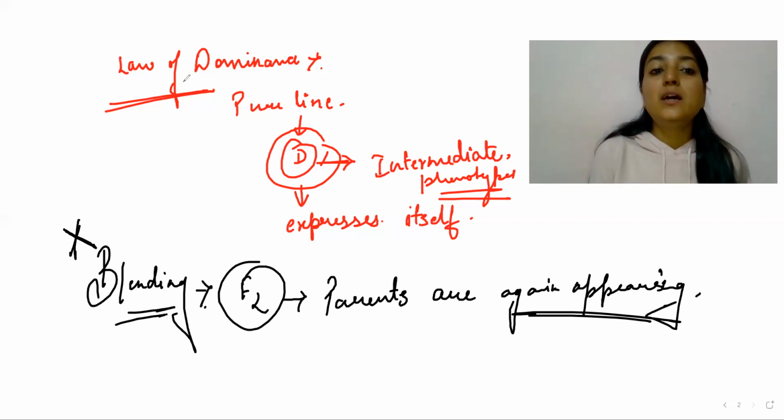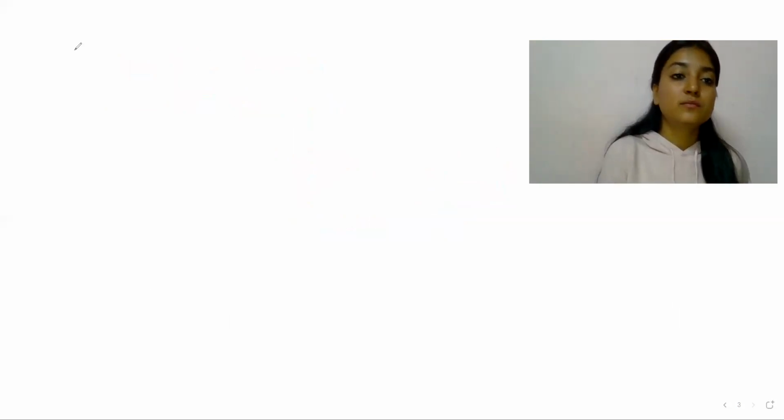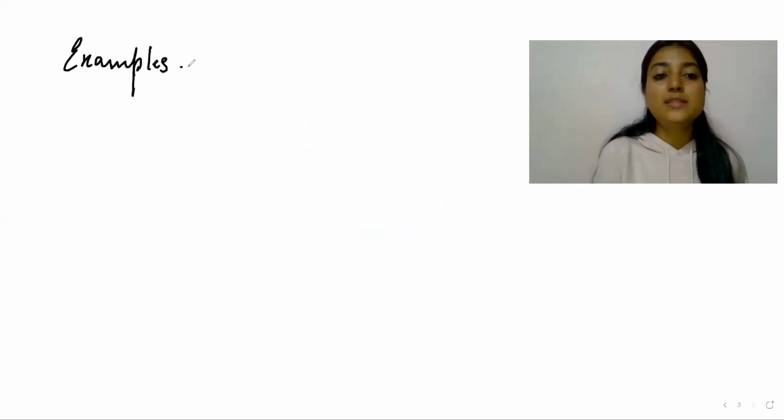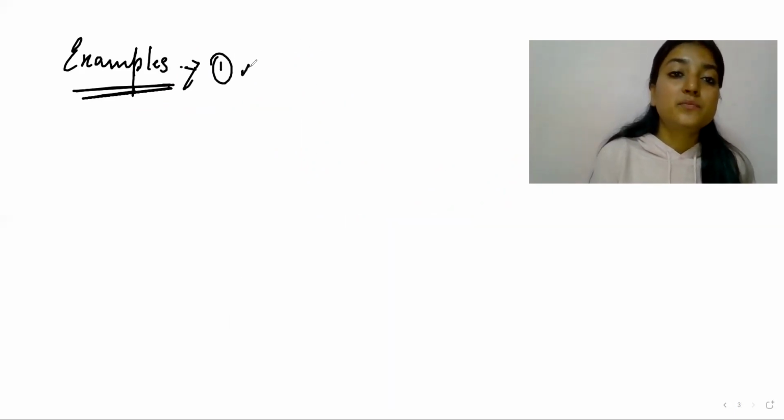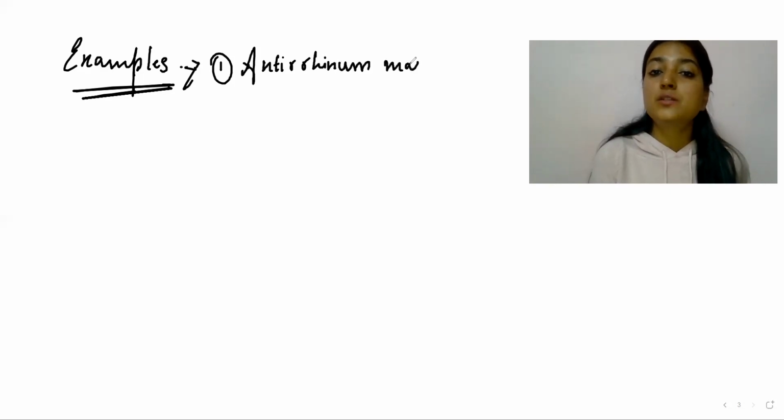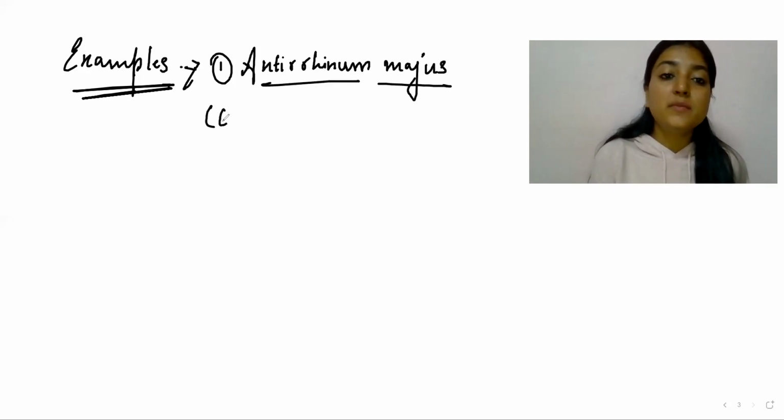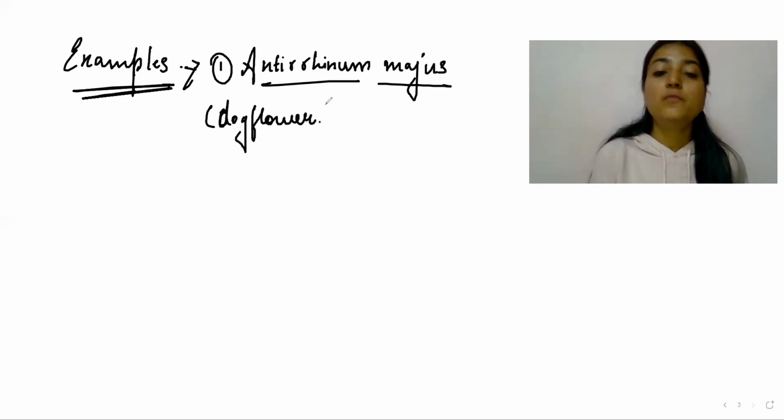Now we will start with examples. It is important to learn examples. The first example showing incomplete dominance is Antirrhinum majus, whose common name is dog flower.